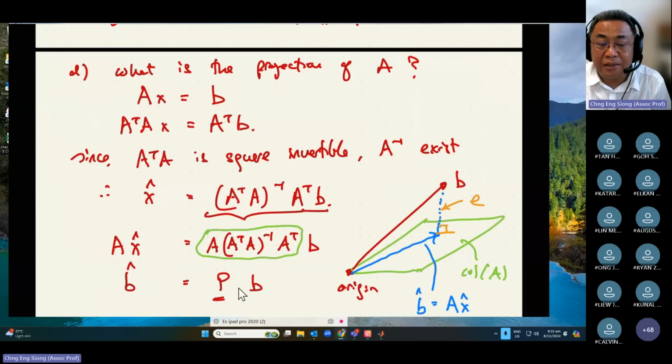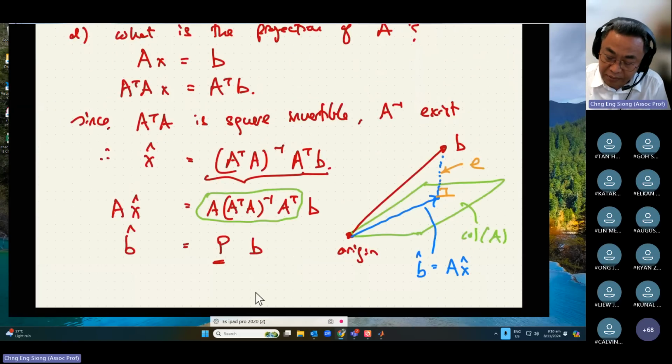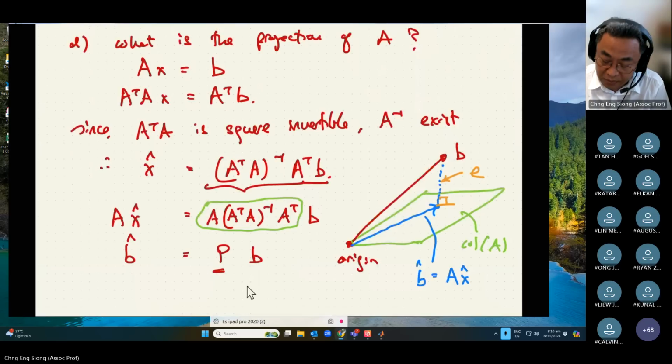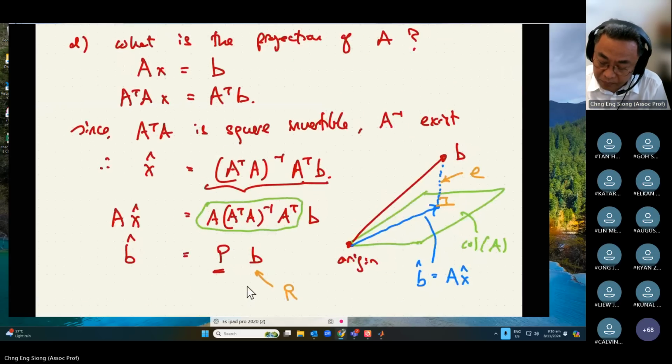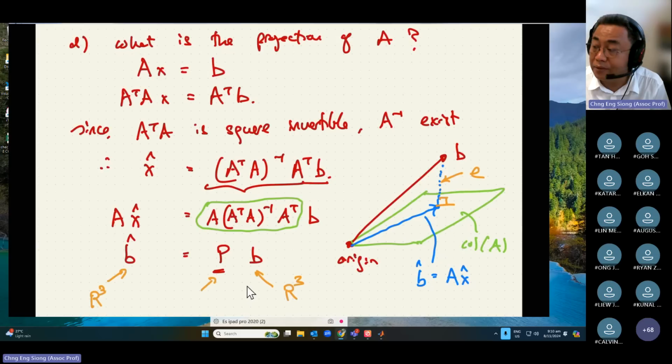What is P times B? What does P look like, guys? So this guy is now R, in our example R3. How does P look like? It's a what by what matrix? Yes, very good.